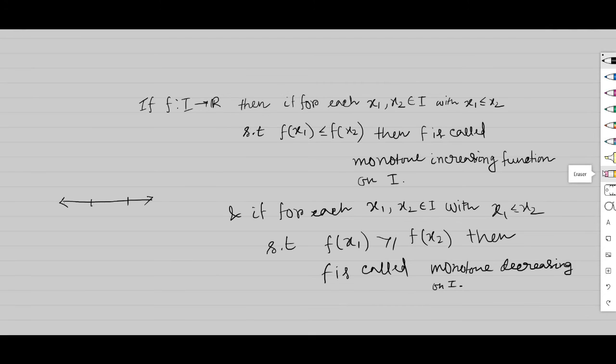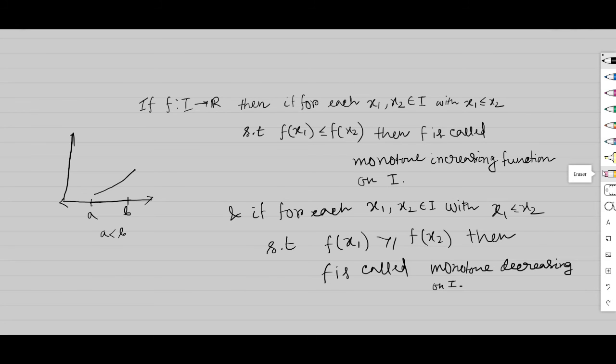Suppose this is our interval a, b, where a is smaller and b is greater, and this is our y-axis.